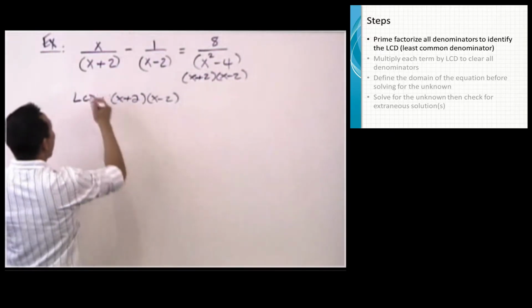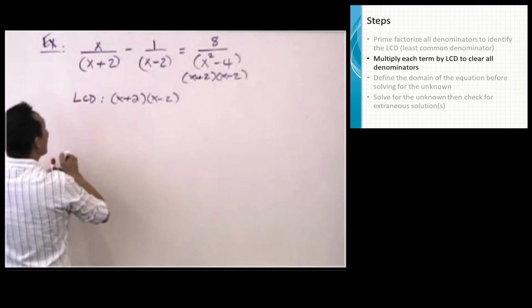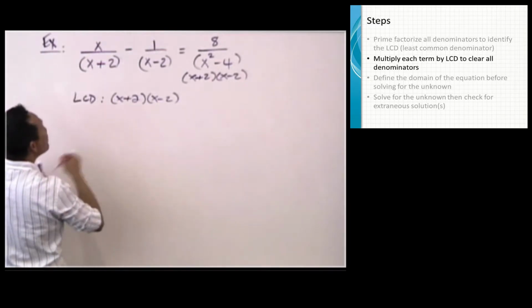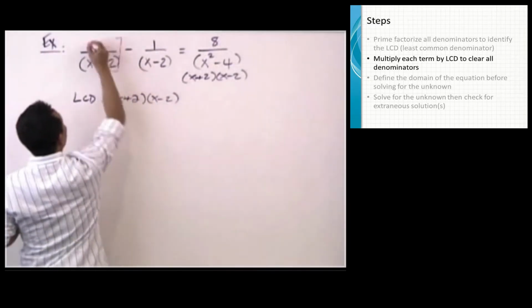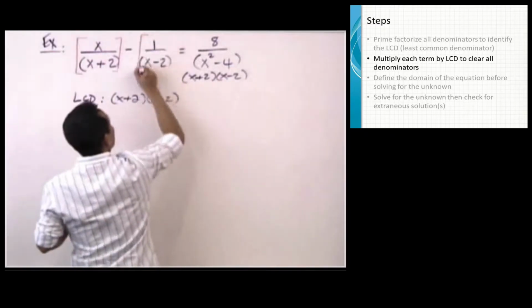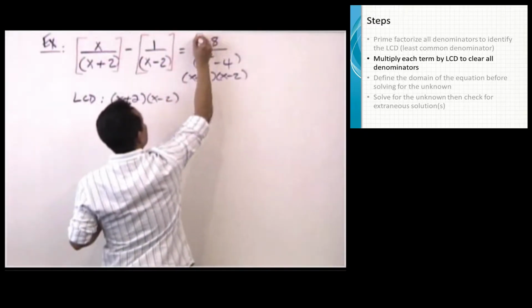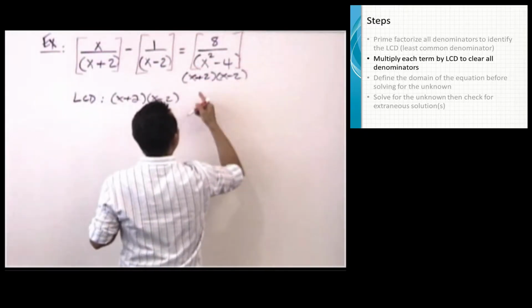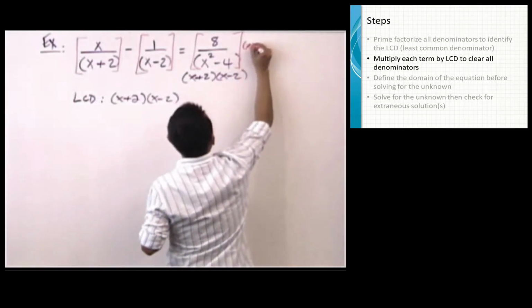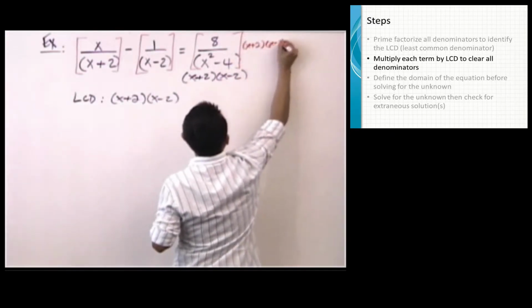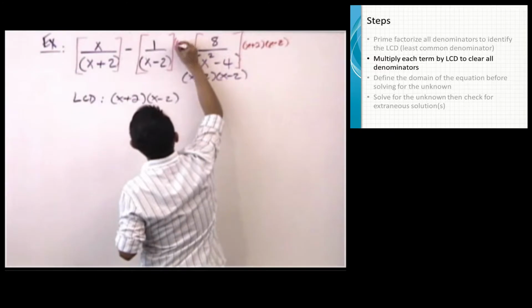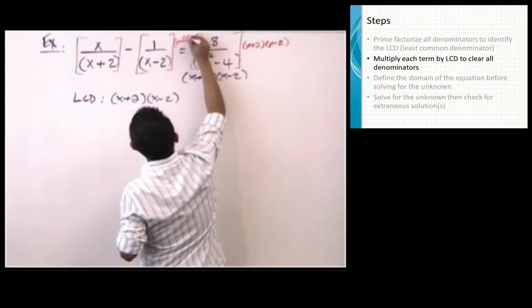Okay? And the second step, I am going to multiply every single term of my equation by the LCD, in this case, (x plus 2)(x minus 2). Same, (x plus 2)(x minus 2).